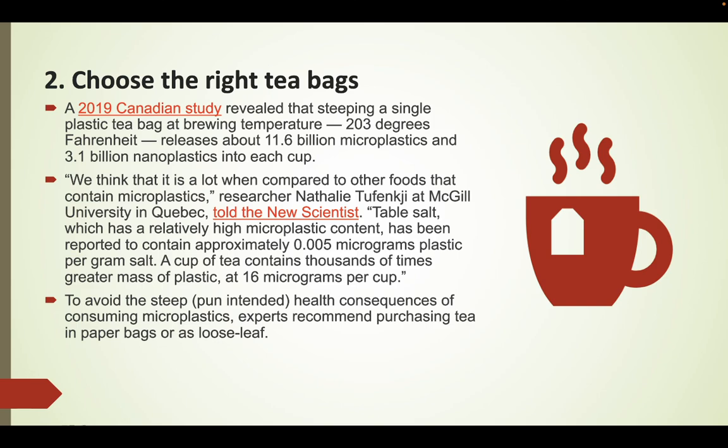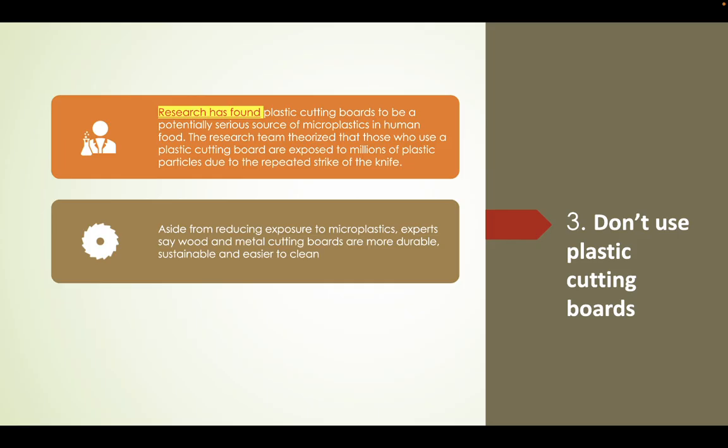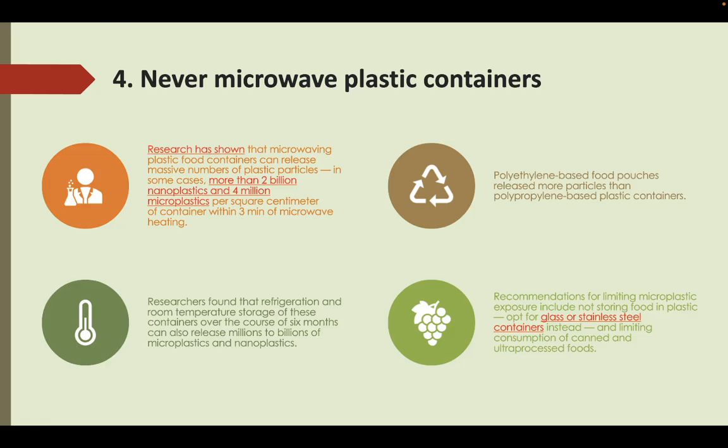It's very interesting. Another easy thing you can do is avoid using plastic cutting boards. Use wood or metal cutting boards instead. Never microwave plastic containers. This is a big one too.